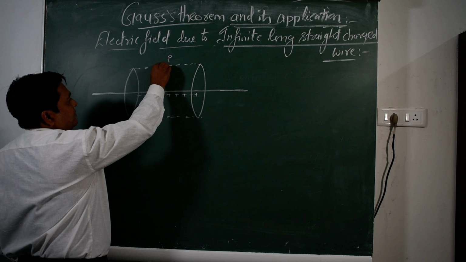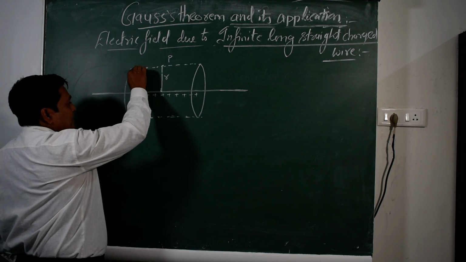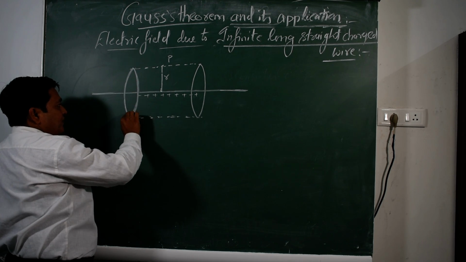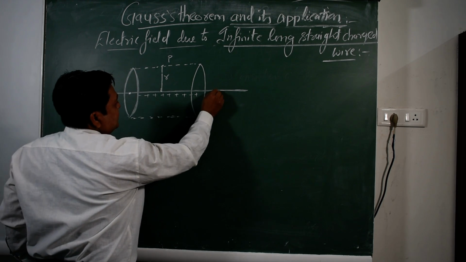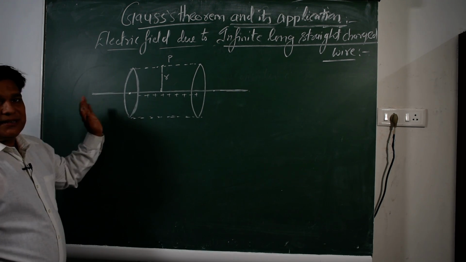The distance of point P, this point P is lying over the surface here. A cylinder, a coaxial cylinder with two faces, and this long wire or charge conductor now becomes the axis of this cylinder.